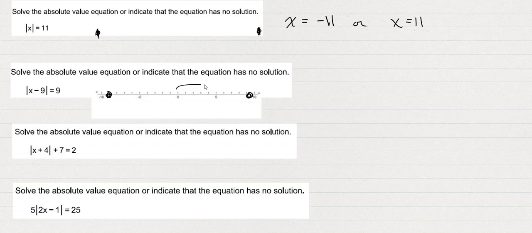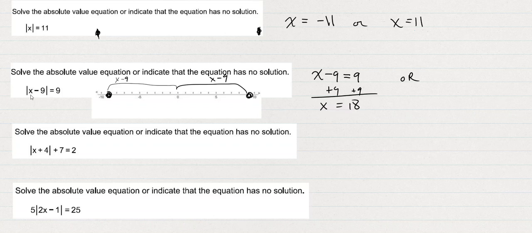So that means that x minus 9 could equal 9, or x minus 9 could equal negative 9. Now, if x minus 9 is 9, then I could add 9 to both sides, and I get that x equals 18.